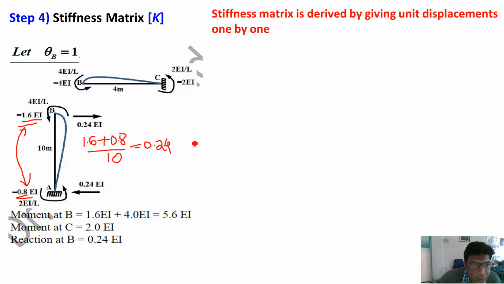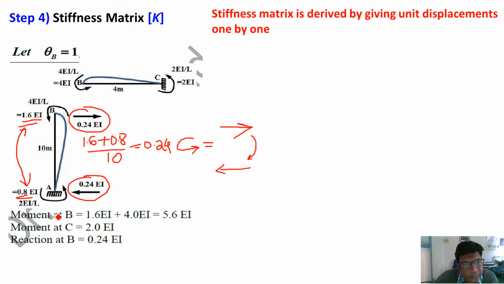If answer is positive, it means anti-clockwise. If this answer is anti-clockwise, reaction couple must be clockwise. Clockwise means top towards right, bottom towards left. So top towards right it is 0.24EI, bottom towards left 0.24EI. These are the reactions because of moments in columns.